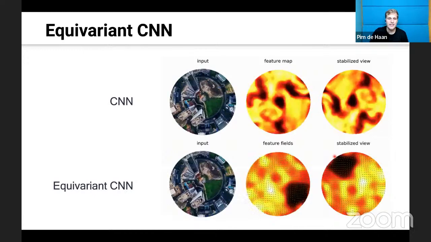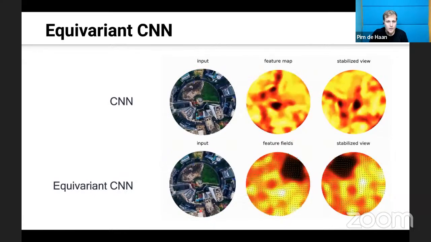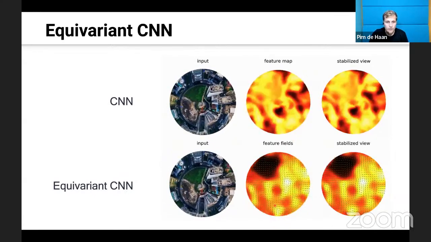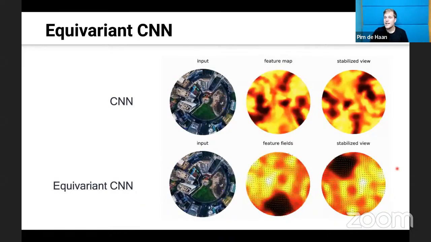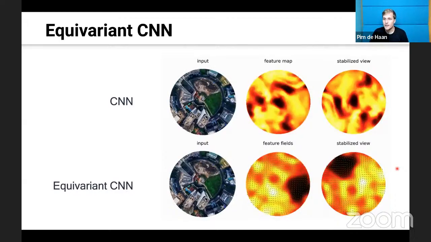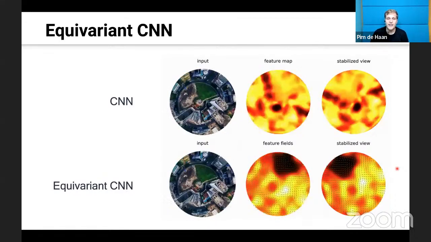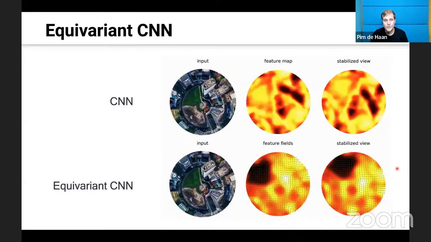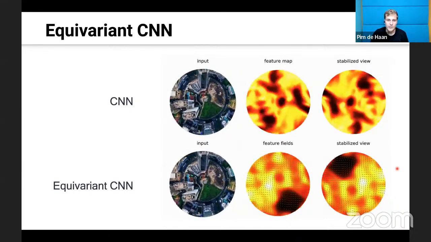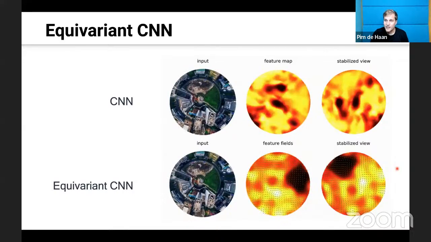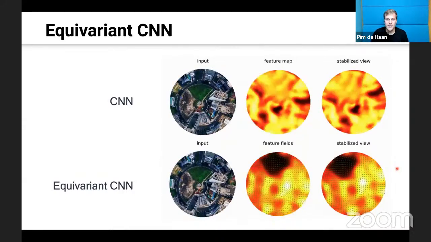An equivariant CNN, on the other hand, takes the input, produces an output, and if you rotate the input and then rotate the output in the opposite direction, it stays the same, meaning that such a network does satisfy that applying a rotation and then the network yields the same as first applying the network and then rotating.